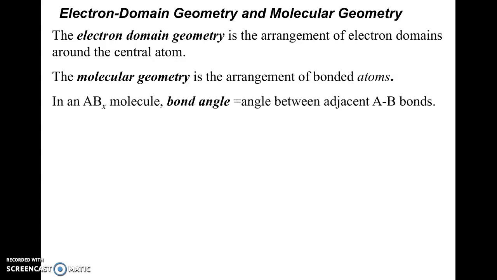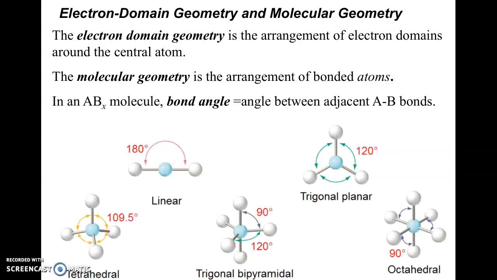All right, in talking about this, we want to look at bond angles. That's going to be the angle between adjacent AB bonds, with A being the central atom. I have the 5 arrangements I just talked about. In a linear molecule, you're going to have a 180 degree angle because it's straight.